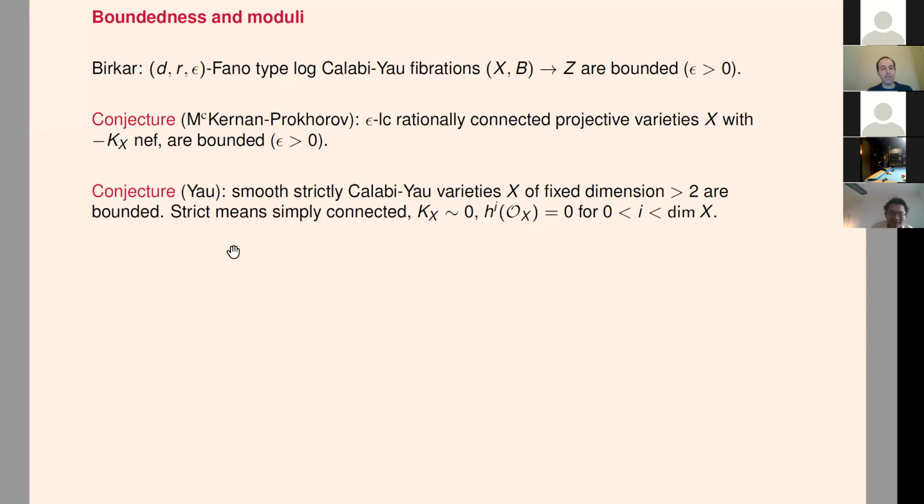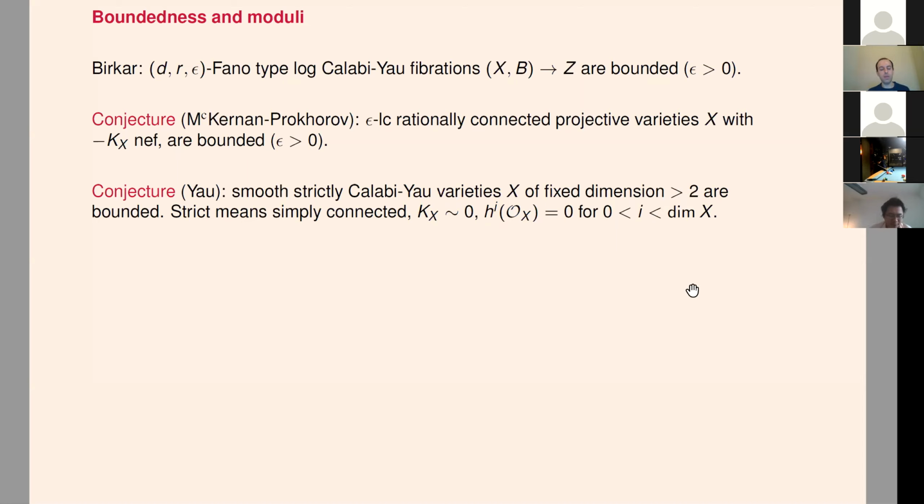Now, in a slightly different direction, there is another very hard conjecture of Yau, which says that smooth strictly Calabi-Yau varieties, by which I mean they are Calabi-Yau by our definition but also simply connected, so K is linearly trivial and you have some vanishing of the cohomology of the structure sheaf, and you take the dimension to be more than 2 because in dimension 2 this does not hold.